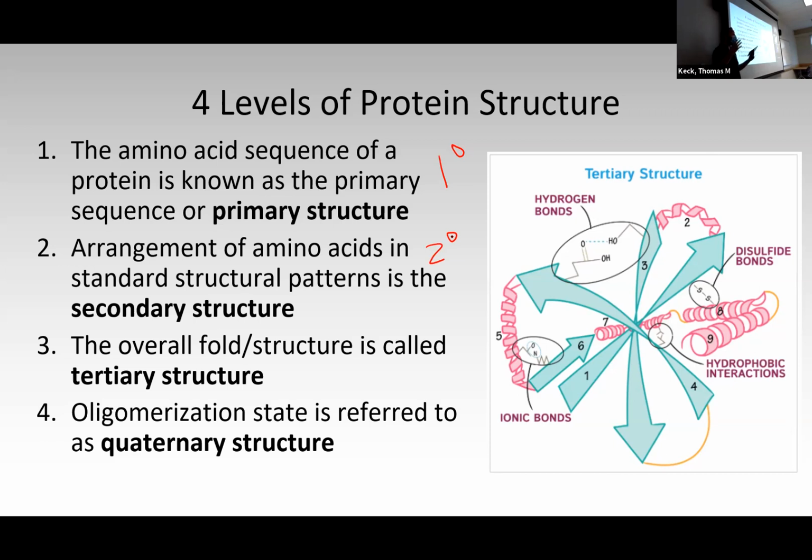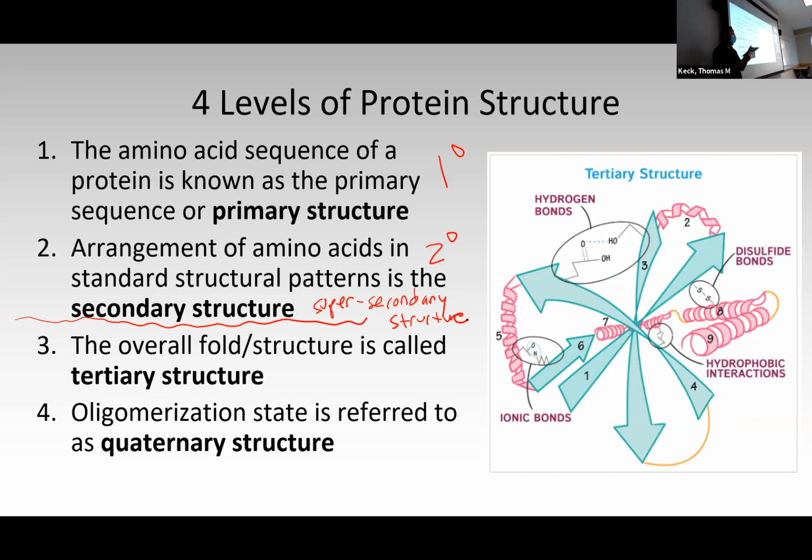If you have a large peptide chain getting into the protein realms, you probably end up with multiple secondary structures. And there's actually a sneaky one right in the middle here that we'll call super secondary. That has to do with how these secondary structures locally interact with each other.